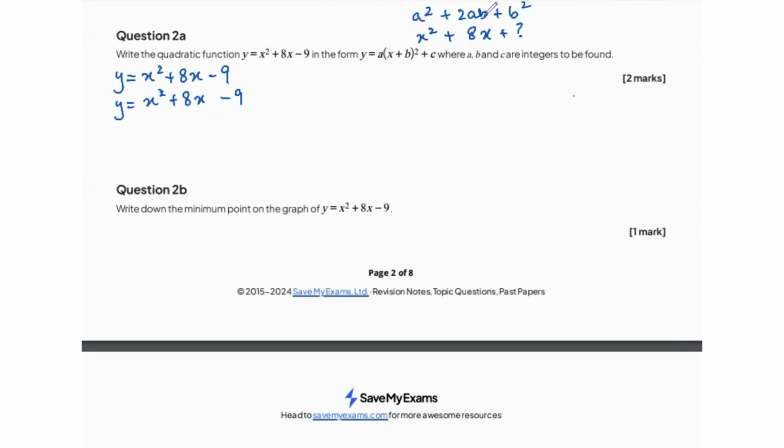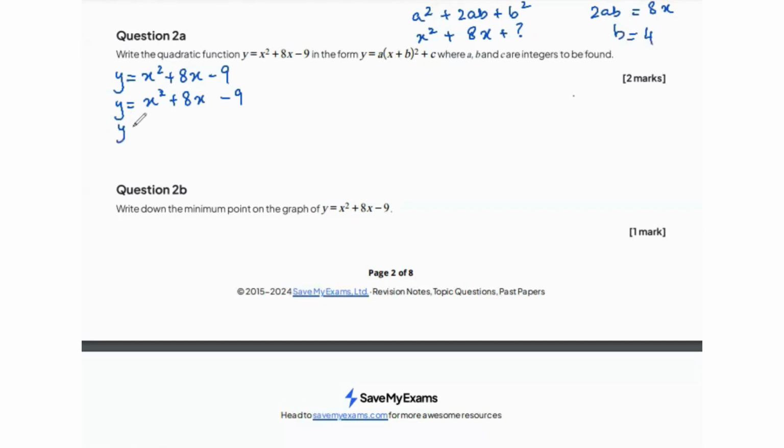If we look at 2ab, which is 8x, we can easily find the b value because a is x and 8 divided by 2 is 4. So basically b is 4.